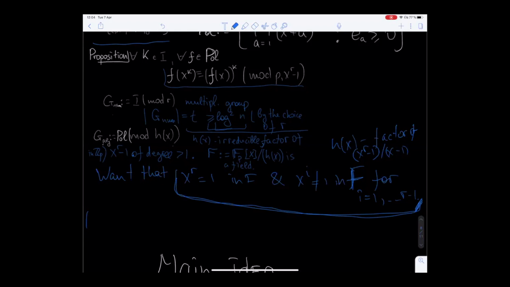What I want is that if you look at X as an element of this field, then X to the R obviously would be 1, but I don't want X to the I to be 1 for any smaller I. And this is automatic because R is prime.